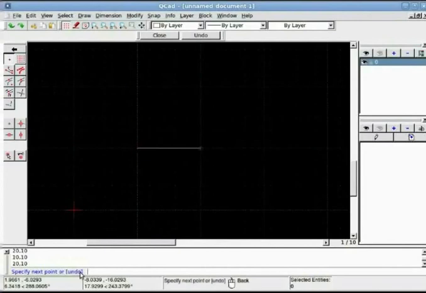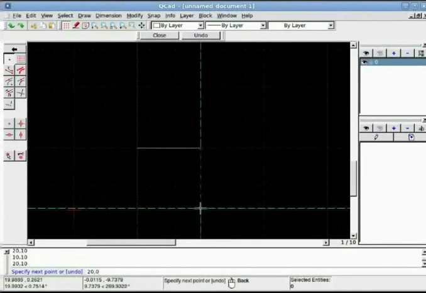Now, if I want to go vertical line downwards, again of 10 units, for the next point at the command prompt, I will put 20, 0. X-axis value won't change, y-axis will be 10 units minus from the earlier value, so it will be 0.